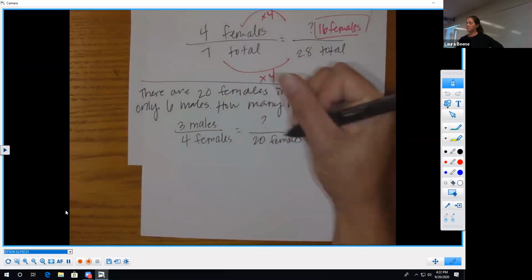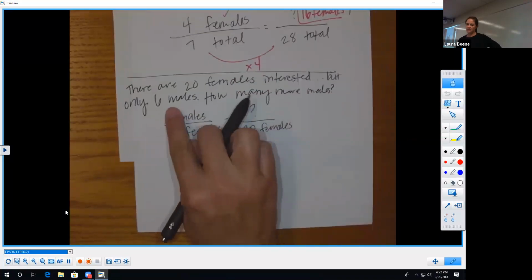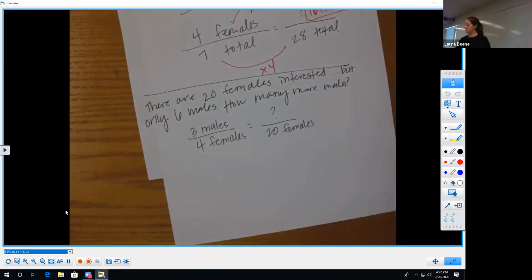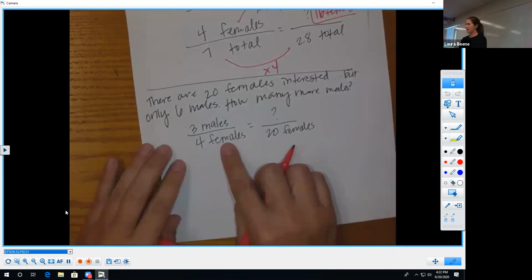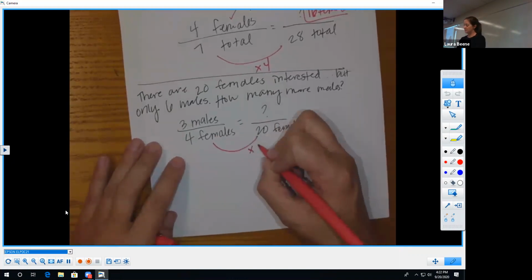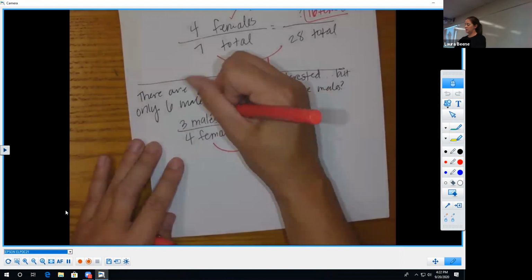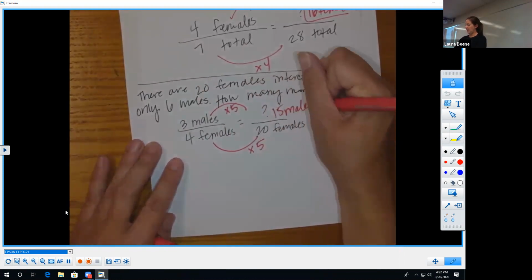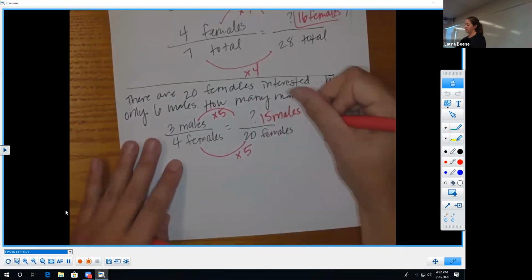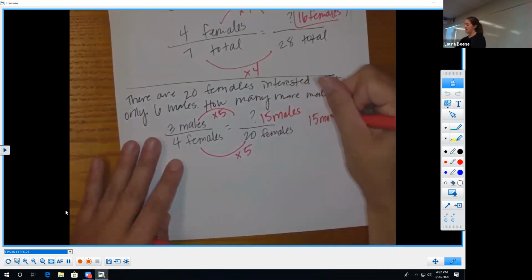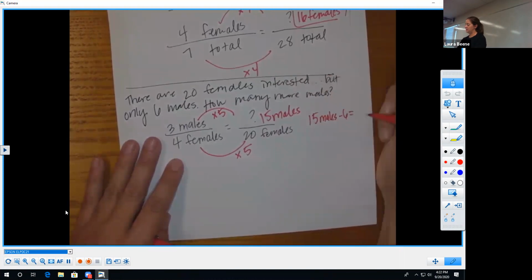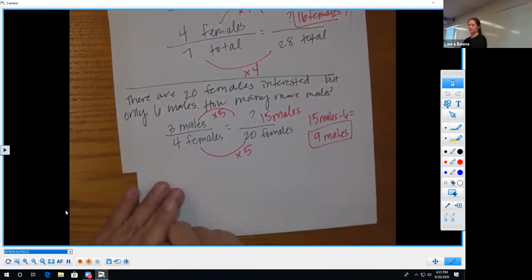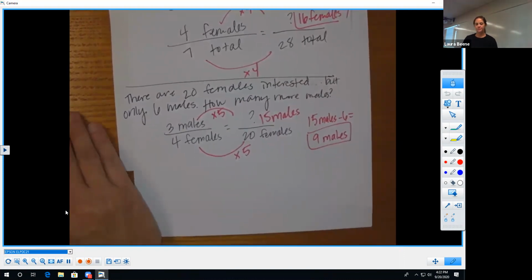Let's figure out what this number needs to be and we can just take off 6 at the end. So again, find your factor. 4 times 5 equals 20. So 3 times 5, I need 15 males. So 15 males is how many I need. I already have 6, and 15 minus 6 is 9, so we need 9 more males to make the ratio stay the same.